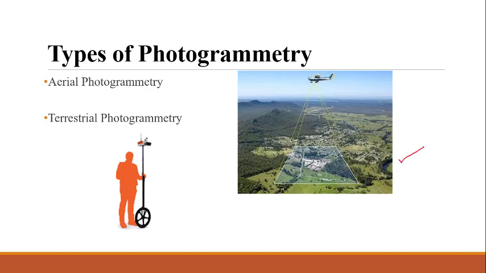The first one, the aeroplane shown here, is aerial photogrammetry, and the second one, a man handling a camera, is terrestrial photogrammetry. We will discuss one by one what is aerial photogrammetry and what is terrestrial photogrammetry.